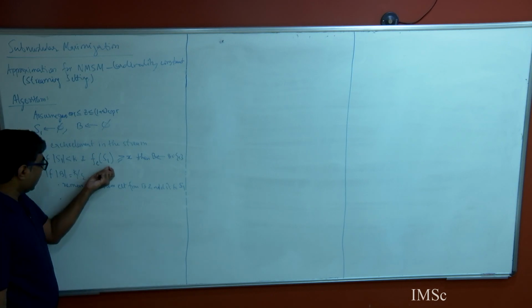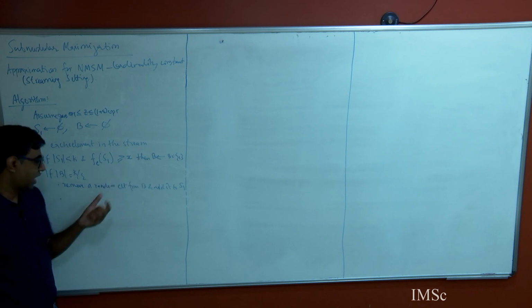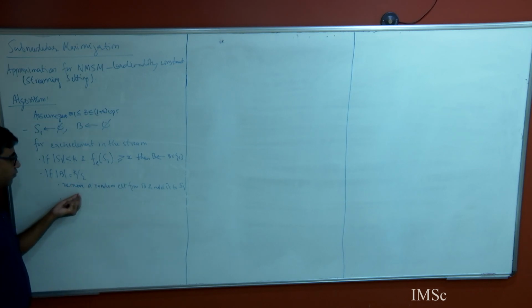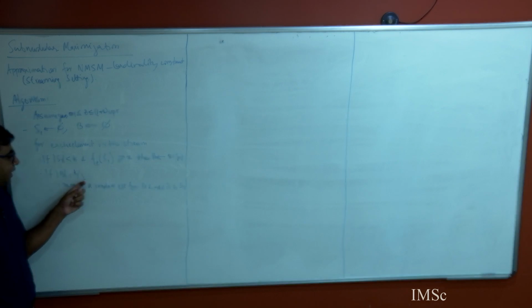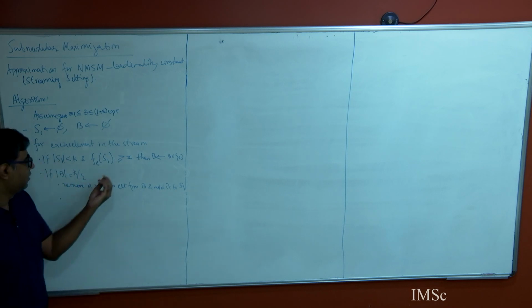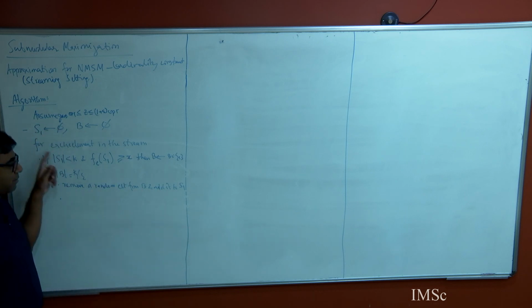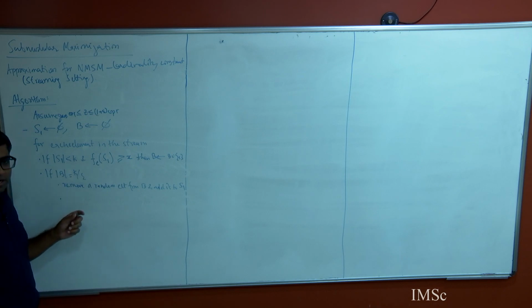So whenever the marginal contribution of adding an element is large, I send that element to B, and if B becomes large enough, I remove a random element. And what is the property the first time you do this? Everybody in B has marginal contribution at least x compared to the current S1. So any element can be added, and its marginal will increase by at least value x. But when I remove a random element from B and add it to S1, now if I add the current set of elements from B, that marginal may not increase, right?